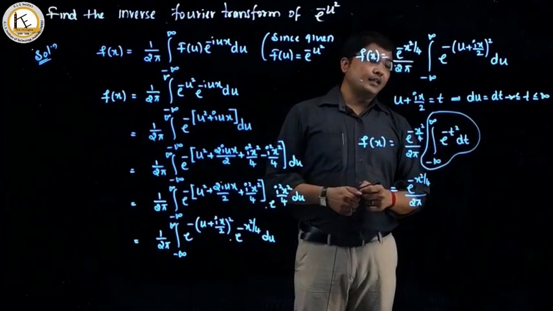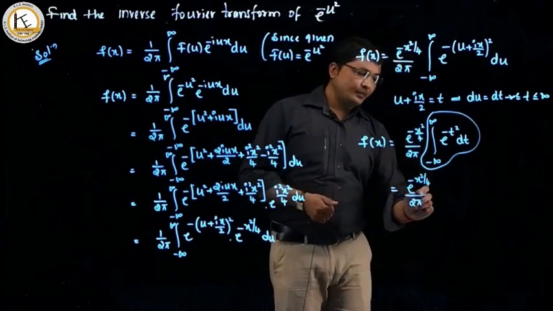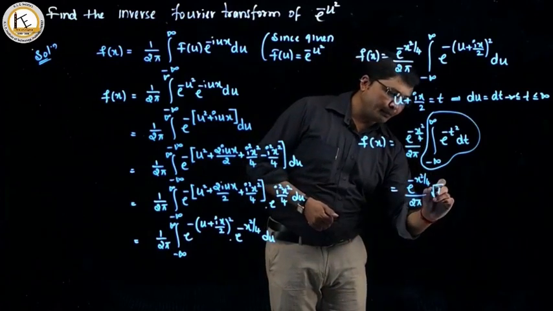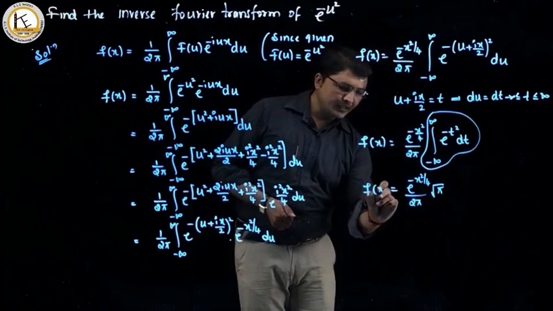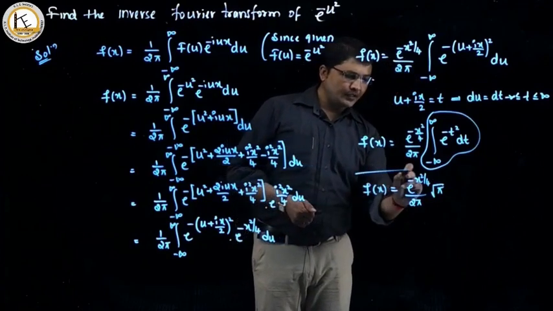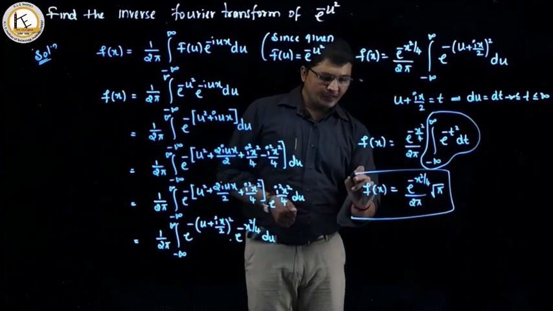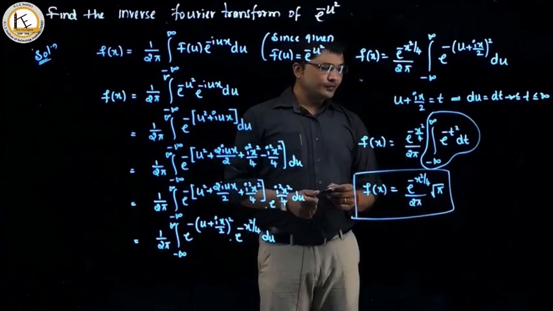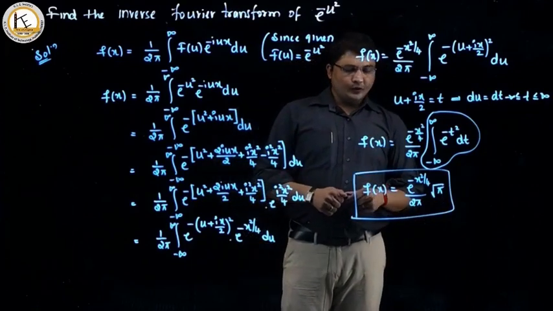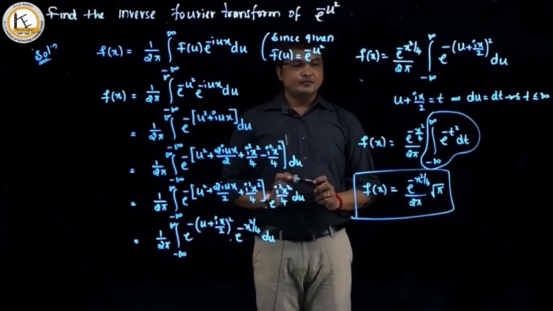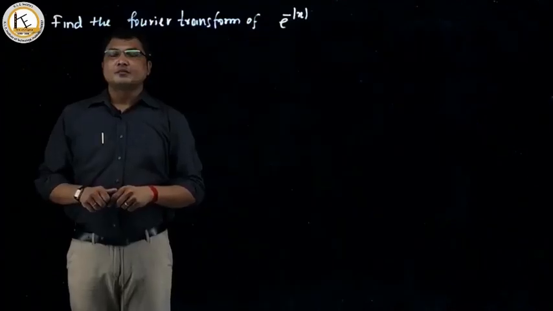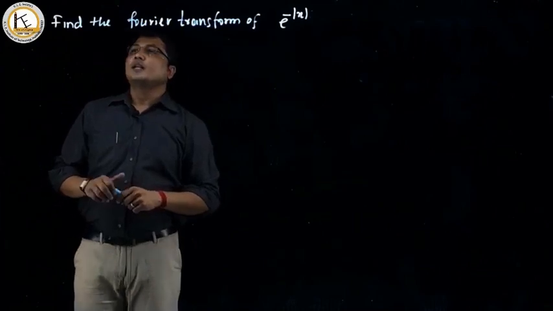This implies e raised to minus x square by 4 divided by 2 pi. And since we have the value of this integral, by using the definitions which we studied in beta and gamma functions, it will be root of pi.